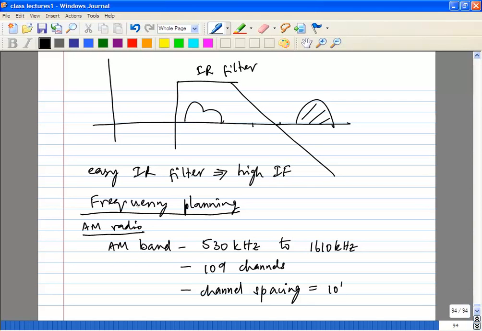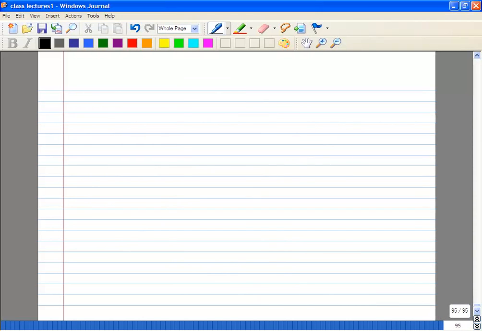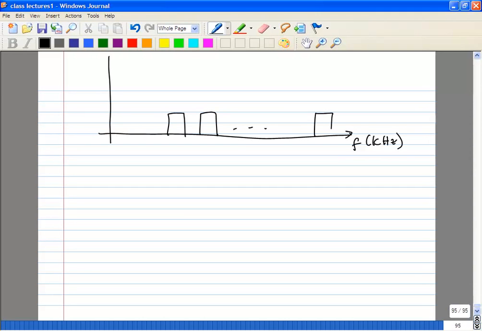Channel spacing is 10 kilohertz. So you have a bunch of channels, you have 530 and so on till 1610.